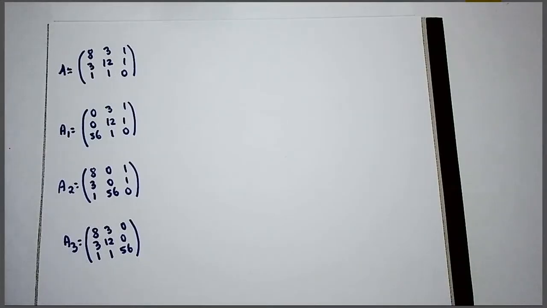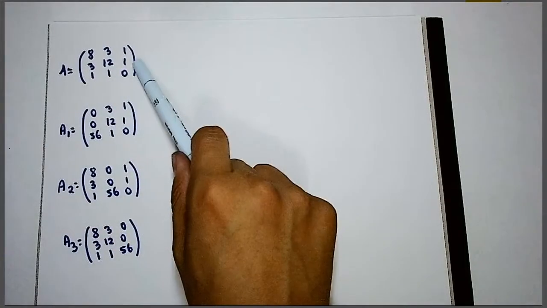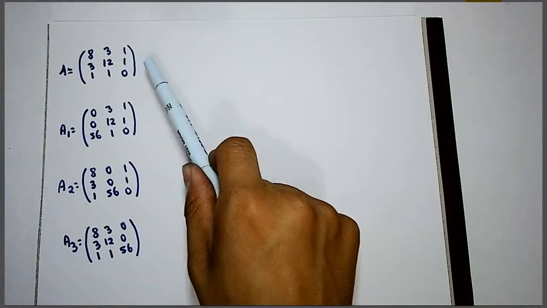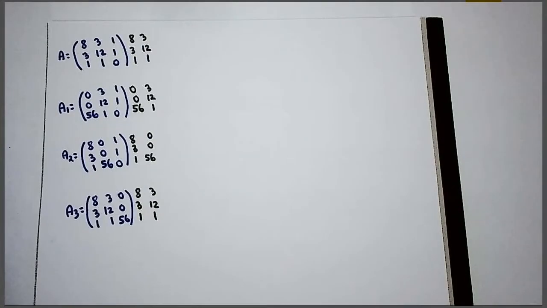Remember that in order to take the determinant of a 3 by 3 matrix, we need to copy the first two columns on the right hand side of the matrix. So let's do that to all the matrices. Now let's start with the multiplications of the main diagonal.